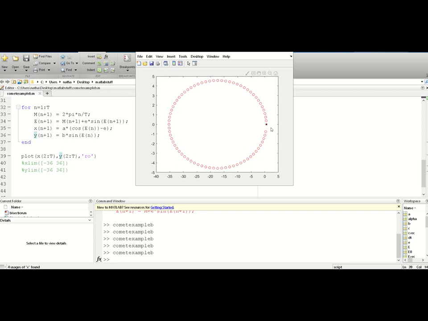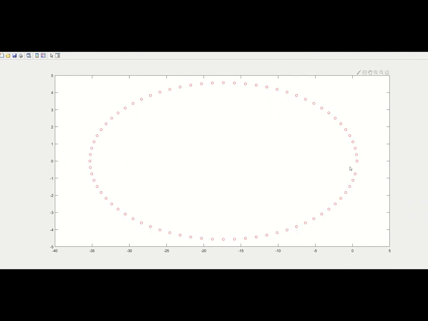We're at 0, 0, and so actually as we start to look at this, you can see that it slings way out, but near the sun, it actually is right. So the sun's at one focus here, and we're centered at 0.